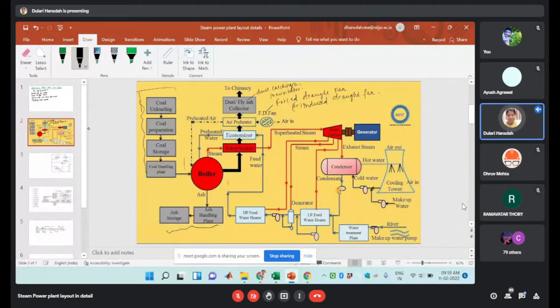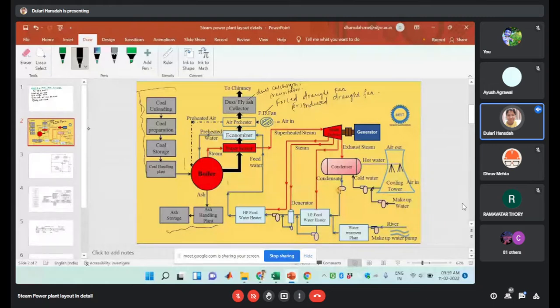Here we are using some makeup water from a river, or it may be collected from the sea, or from a lake. That water will be given to this water heater, and then it will be pumped to the deaerator.